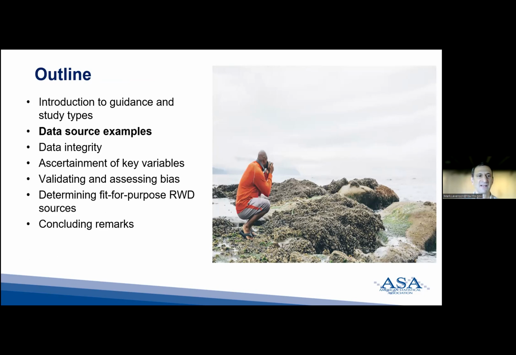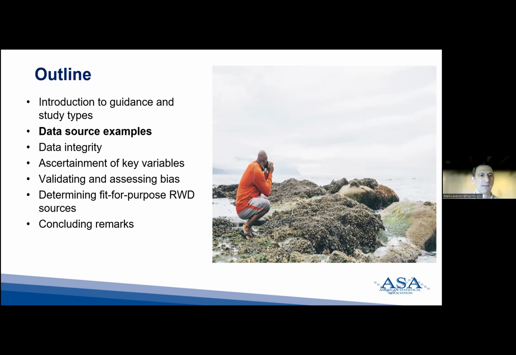We wanted to provide a context so people who haven't seen this before understand how you might use real world data in actual designs. We have a spectrum of designs here. This is not a long section, just a brief mention of a few real examples: fully observational, single arm intervention with external control, and an example of a randomized study.